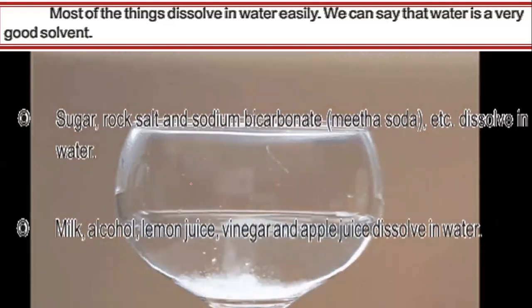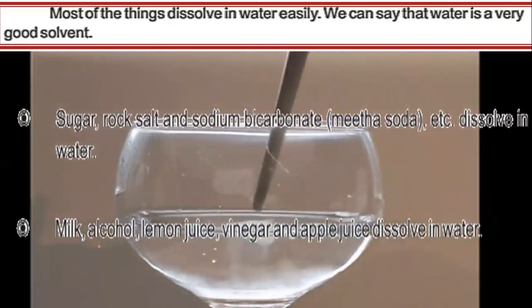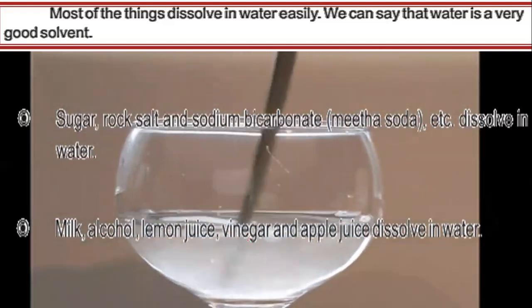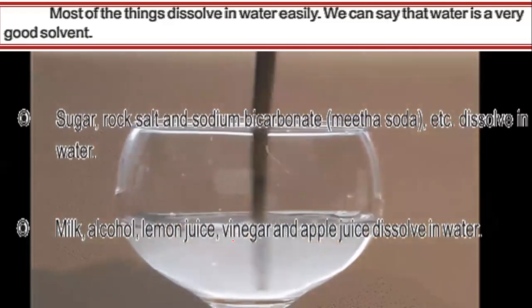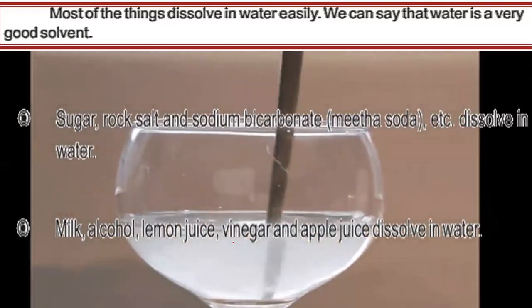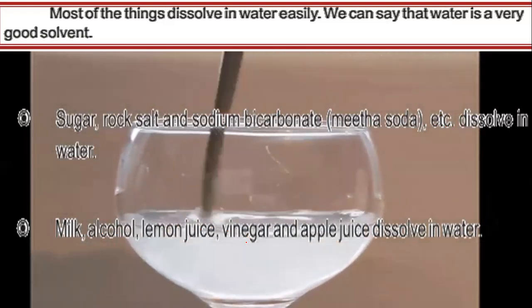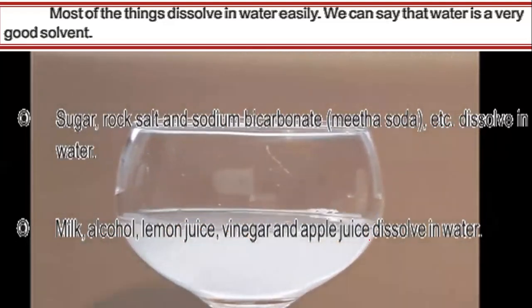Milk can also dissolve in water. Alcohol, lemon juice, vinegar, like apple cider vinegar or white vinegar, whatever vinegar it is, lemon juice, apple juice, all the juices can dissolve in water.